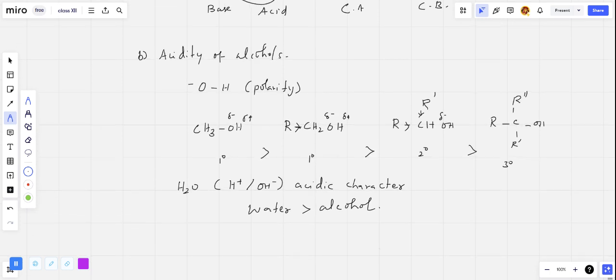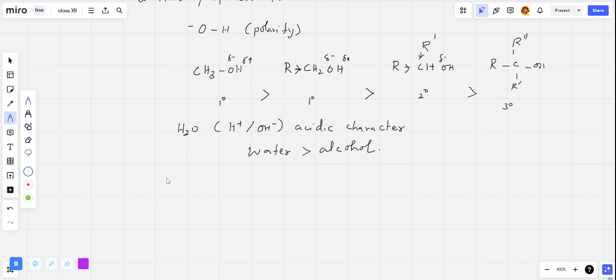This reaction shows that water is a better proton donor than alcohol.